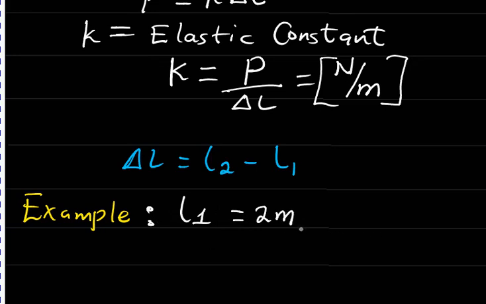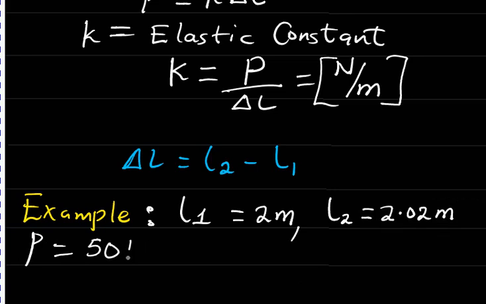If this material is pulled by a force to a length of 2.02 meter, and the pulling force is, let's say, 50 kilonewton, then the question is, what is the elastic constant of this material?